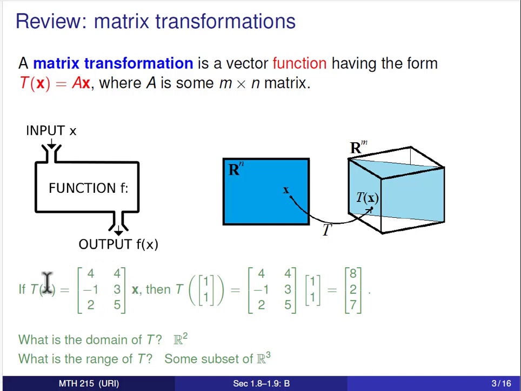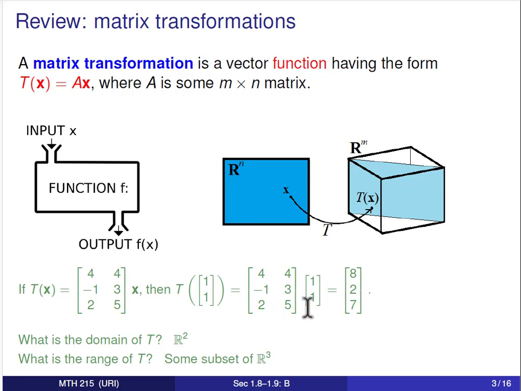We talked about functions. We reminded you that that's a rule for assigning a unique output for each input in there. And so if we plug in a vector for x, like 1, 1, then the function will spit out an output vector. And the fact that we got this vector by multiplying 1, 1 by a matrix makes this a matrix transformation.